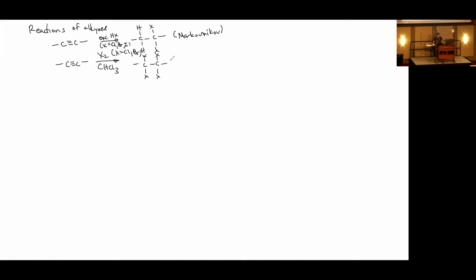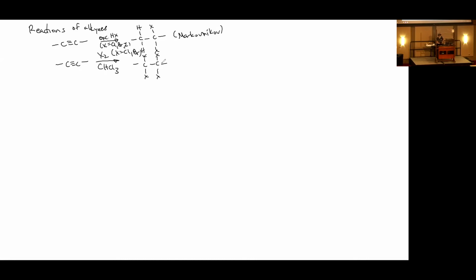The mechanism, again, is the same as before. We went over that mechanism in chapter 8. The first halogen adds, you get a 3-membered ring. You would still get a 3-membered ring here with a double bond in it. That's really strained, so it will open up by halide ion attacking and breaking open the ring, and then it will happen again.